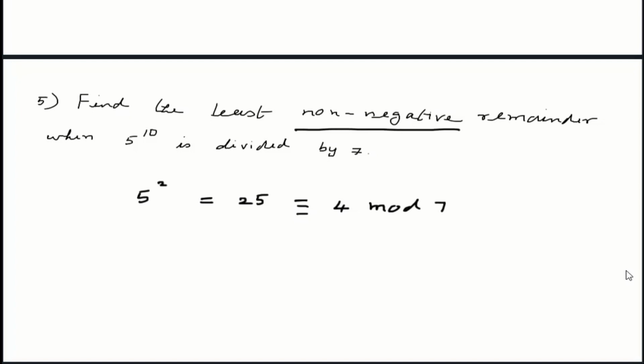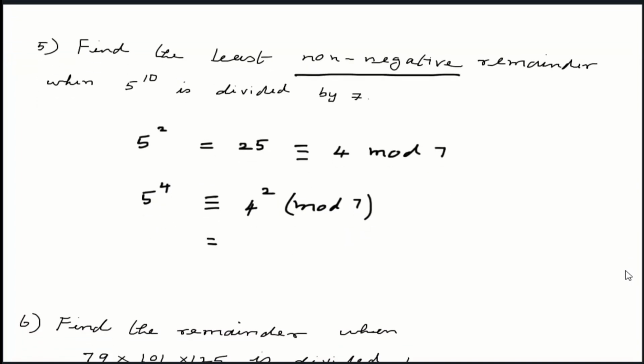Correct? 5 square is congruent to 4 mod 7. Now 5 power 4 is congruent to, I have just raised to the power 2, so 4 square mod 7. 4 square is nothing but 16. 16, when divided by 7, leaves remainder 2 mod 7.